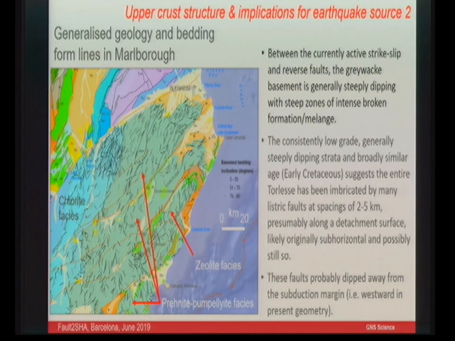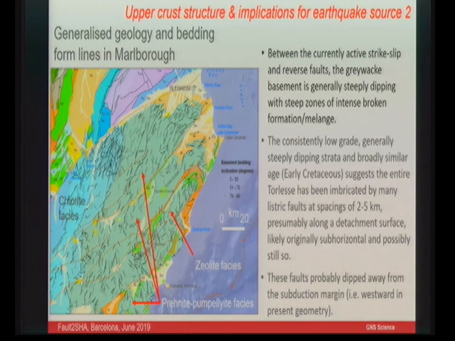So really the only way you can do that is to say that between these currently active strike slip faults, the greywacke basement, while generally steeply dipping, is broken into intensely broken formations and melange that represent reverse faults or thrust faults from an earlier history, which are spaced 5 and 10 kilometres apart.